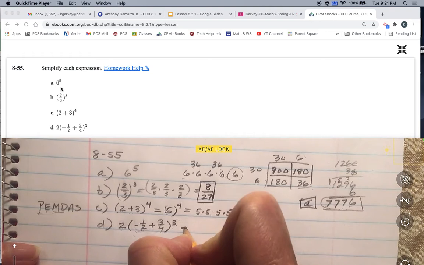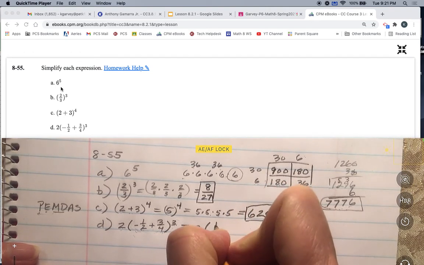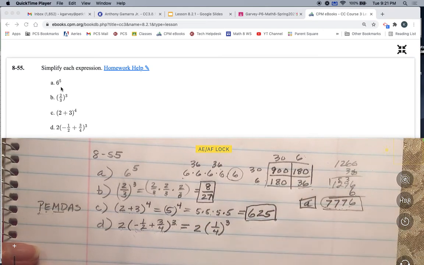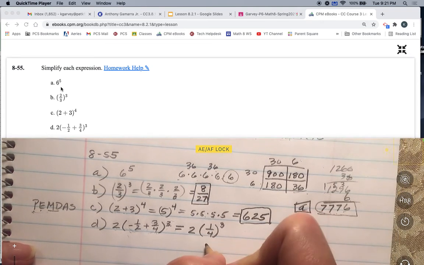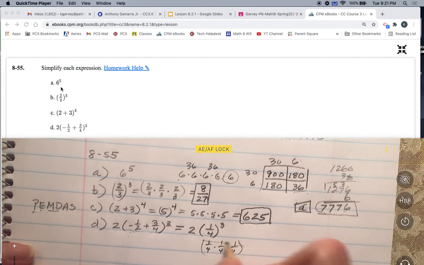What this would look like then would be 2 times 1/4 to the third power. If we multiply this 1/4 three times by itself, the way we would do that is multiply across. So 1 times 1 times 1 is just equal to 1. And then 4 times 4 is 16.